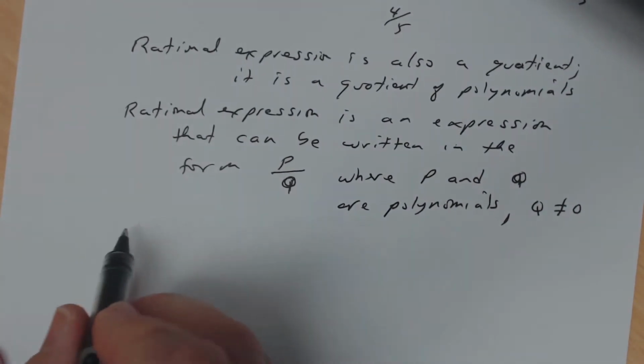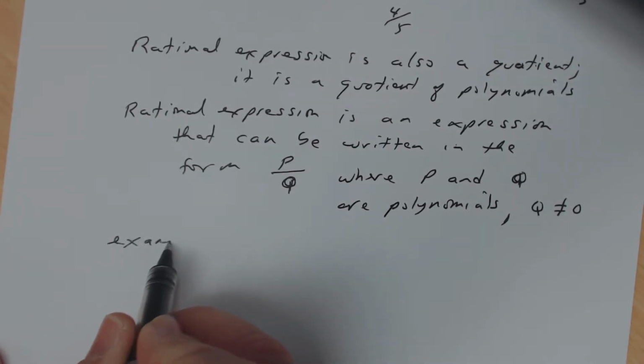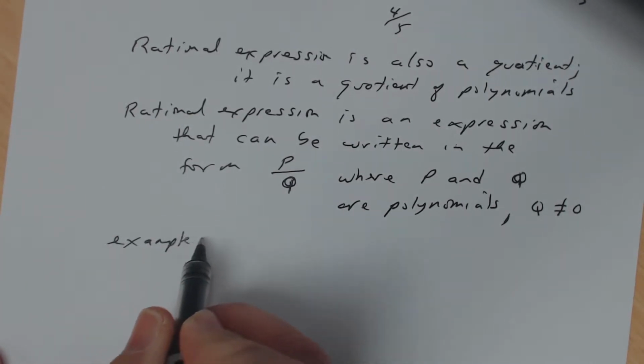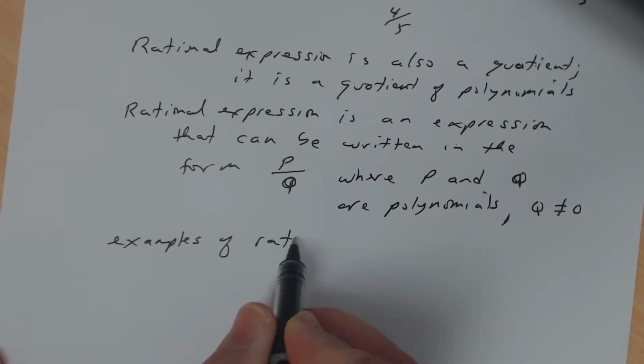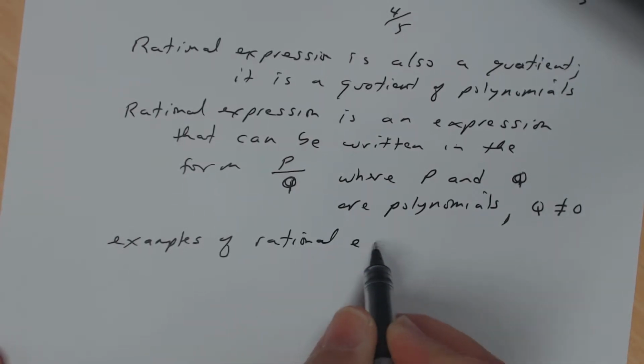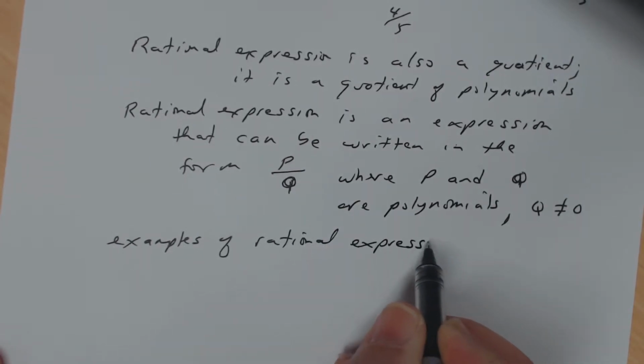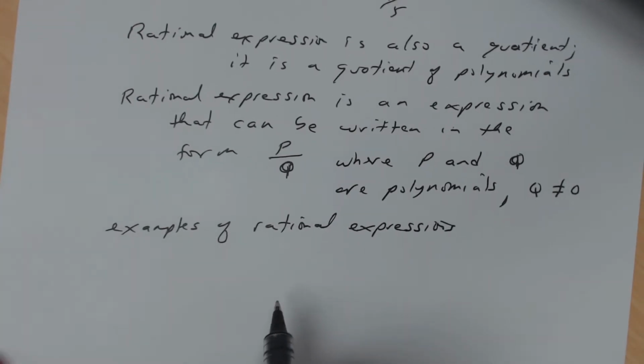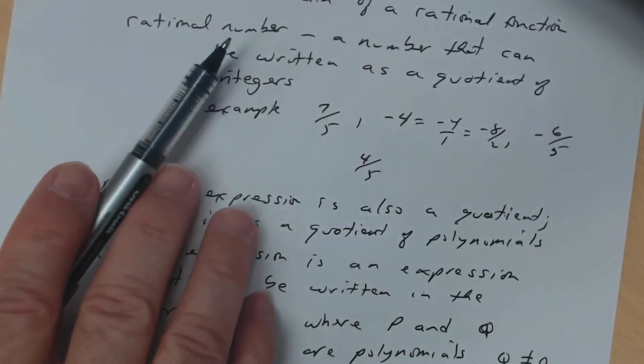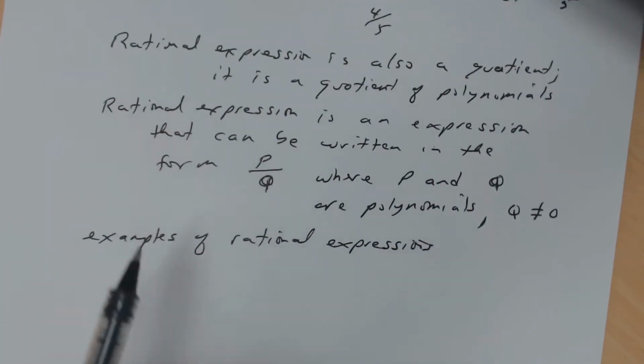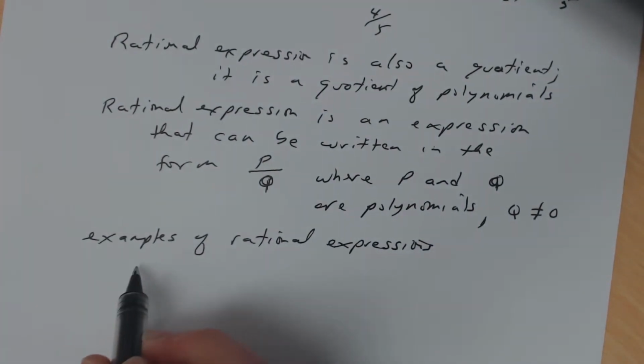All right, so here are some examples of rational expressions. A rational number is considered a rational expression.